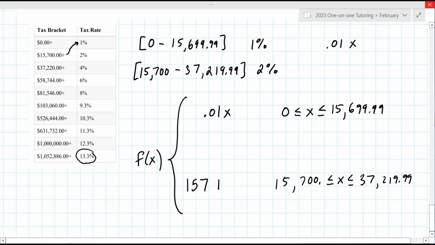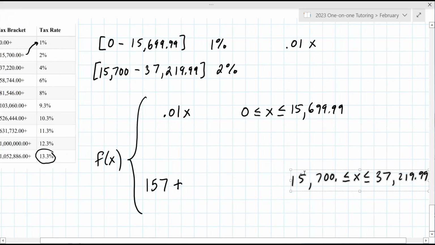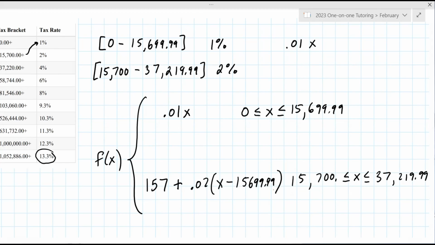Plus, just like the previous problems, you have to subtract out that breakpoint, which is $15,699.99, but you pay 0.02 on anything you make over that.